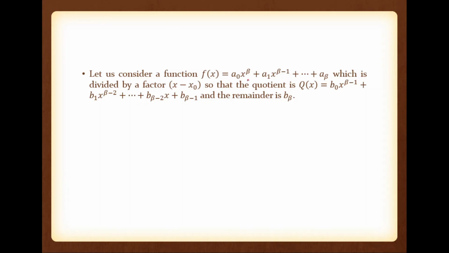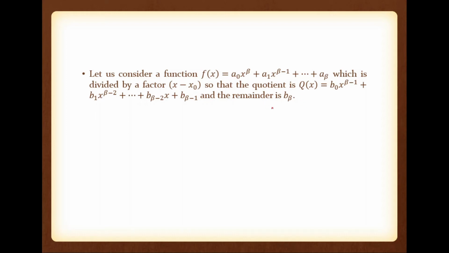So if you are dividing f of x by x minus x0, we have a quotient, say q of x is equal to b0 into x raised to beta minus 1 plus b1 into x raised to beta minus 2 plus etc plus b beta minus 2 x plus b beta minus 1, and a remainder b beta.